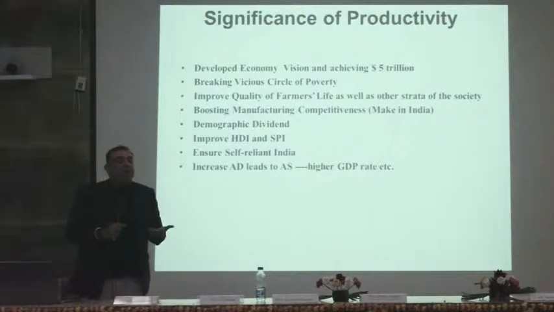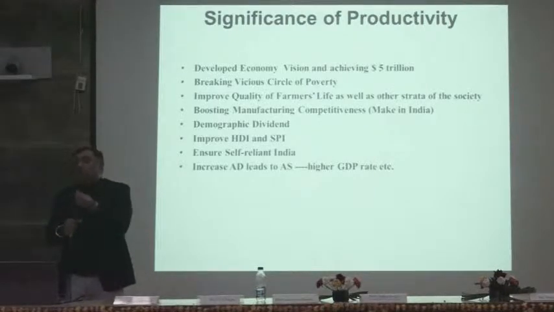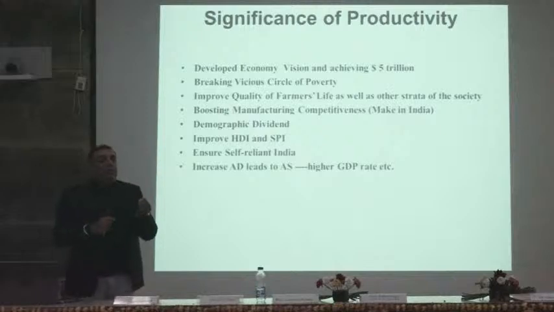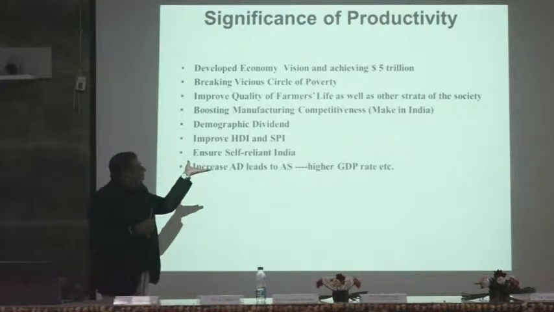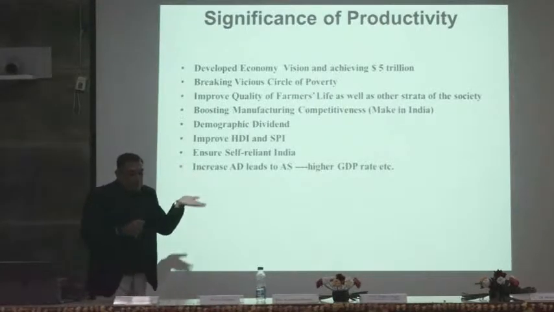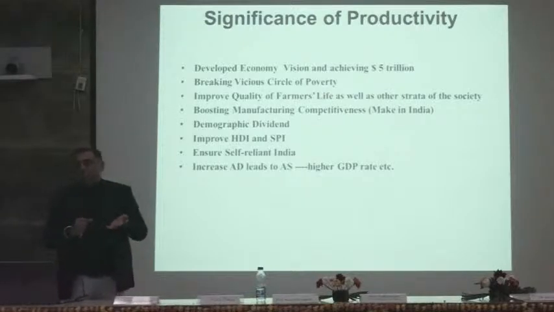We can say that if you are economically good, you can earn your basic food and clothes and other things. So if you want to improve the state of the society, you need productivity. Productivity leads to a higher GDP.